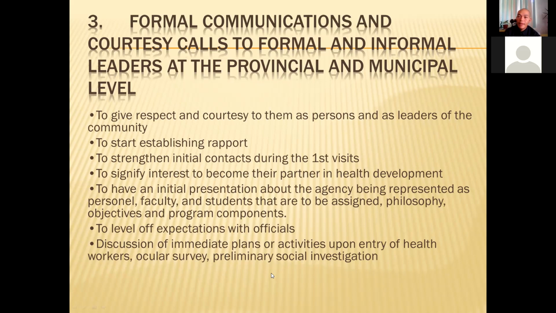So they might be expecting that upon arrival, we're going to give automatic medical services immediately. We have to tell them we have to plan first, we have to gather data. If they know that we need to gather data, they might have data already, for example survey forms, lists of members of the barangay, lists of houses, etc., which we can use in gathering data.